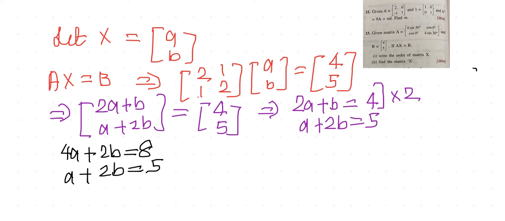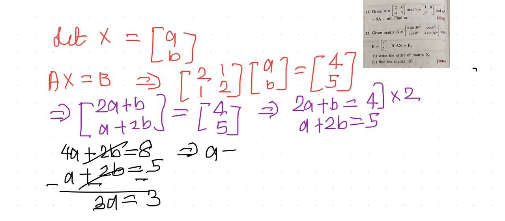Upon subtraction, the 2b gets cancelled. 4a minus a is 3a, equal to 8 minus 5, which is 3. So this implies the value of a is equal to 3.